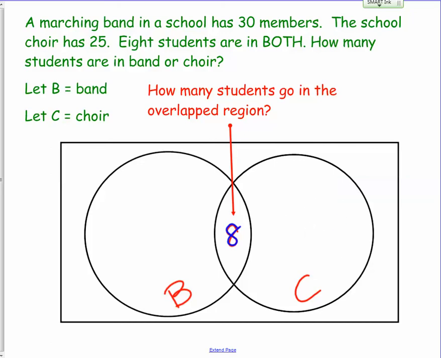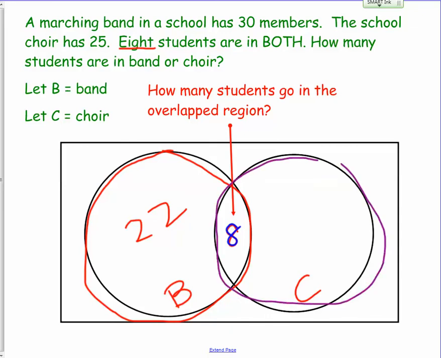So we knew that 8 students go in the overlapping region because it says 8 students are in both. And we know that this circle, B, has to have 30 in it. Well, we already have 8 in it, so 30 minus 8 gives us 22 that are outside the overlap part. And with the choir, we have a total in the choir circle of 25.